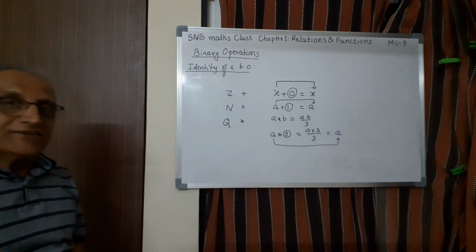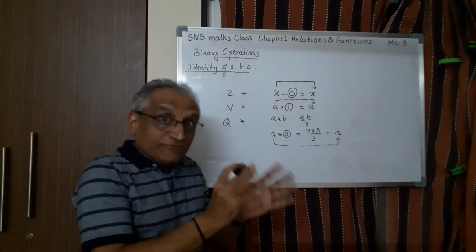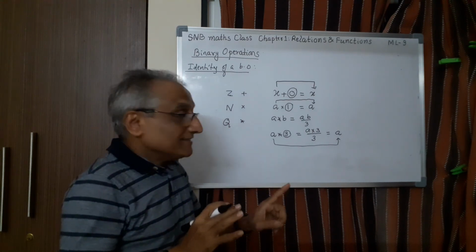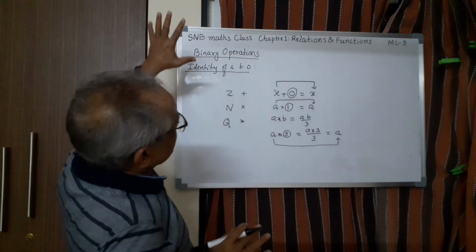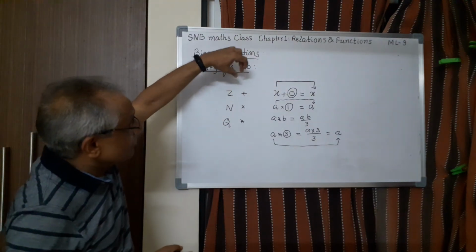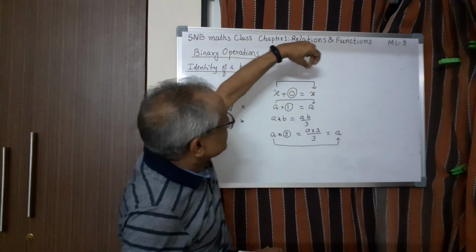So what is the meaning of identity element? There is one element. It may exist, it may not exist, that is different. If it exists such that you take any element and perform the binary operation, afterwards what you should get is the same element.